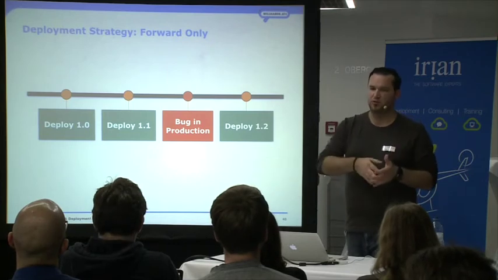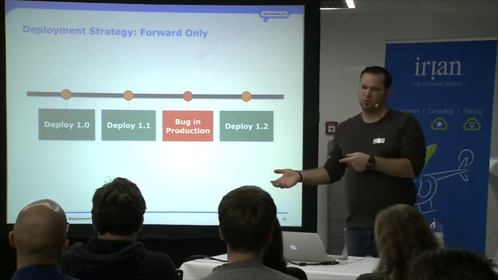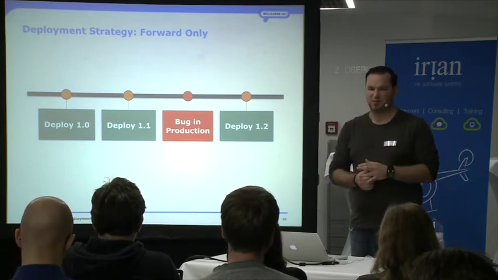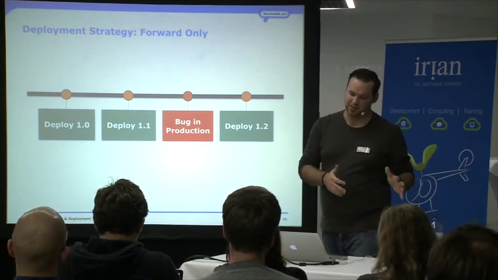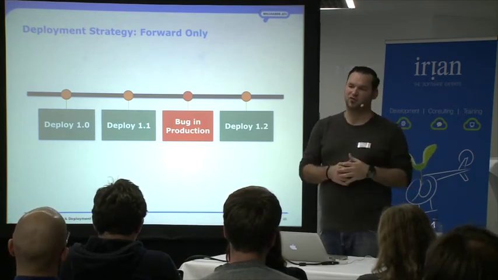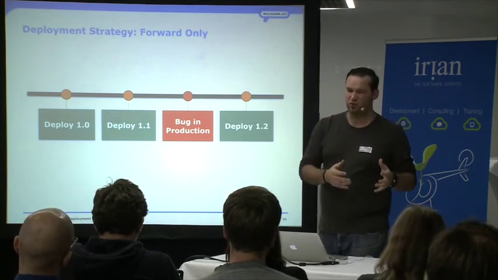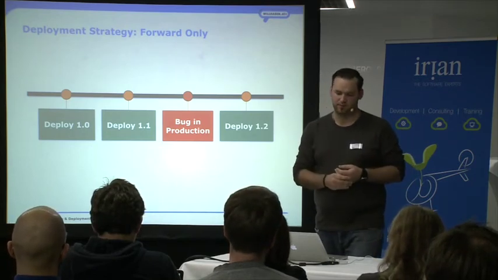So fix this bug and release a new version of your software. If you do so, you get rid of a lot of problems, like stepping back could always be very expensive. There are a lot of scenarios where rollback might not work that easily, and the rollback of your software is actually more expensive than creating a new version. So creating a new version normally is less effort and more convenient.